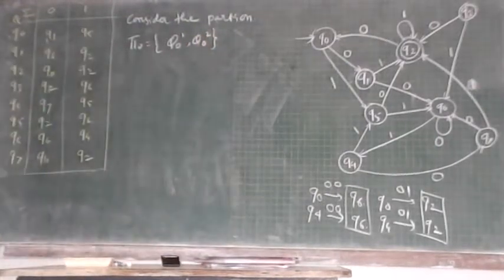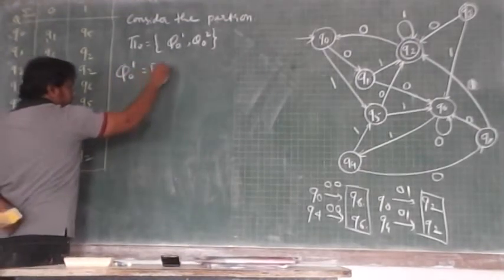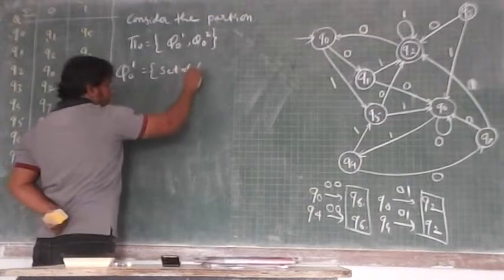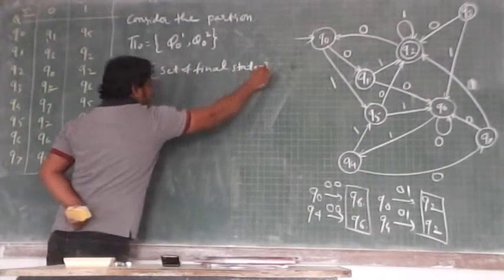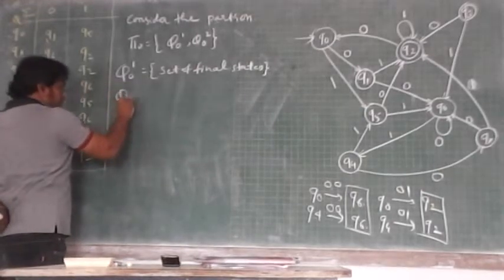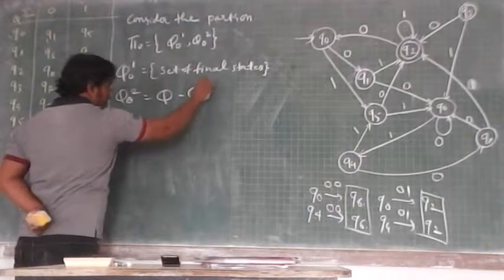Please note down. Here Q01 is the set of final states and Q02 is equal to Q minus Q01.